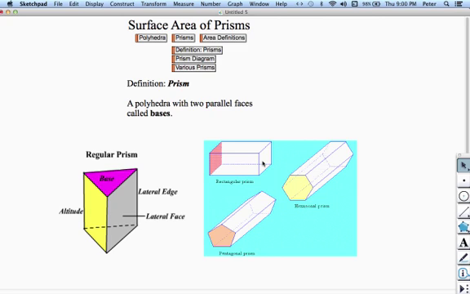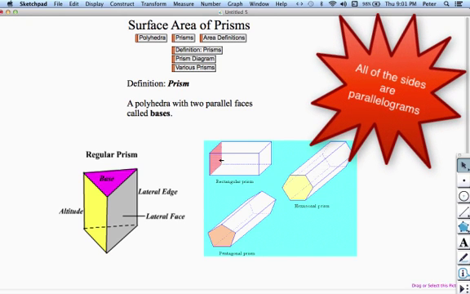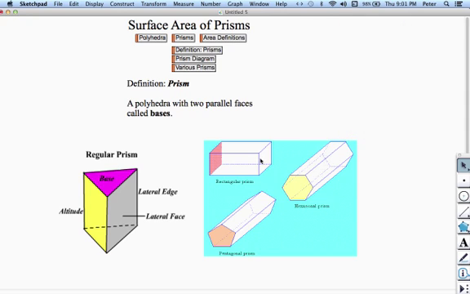In a rectangular prism, it's a little bit difficult to recognize what's the base, because in a prism all of the sides are parallelograms, and in a rectangular prism the bases would also be parallelograms. So it's a little unclear with rectangular prisms. It's a little ambiguous as to what's the base and what's a lateral face. That's not terribly important. Everybody understands the ambiguity.